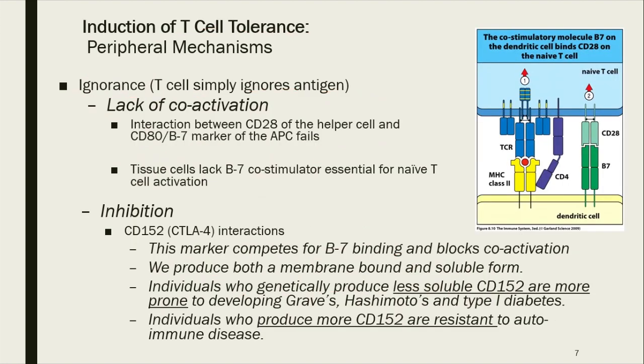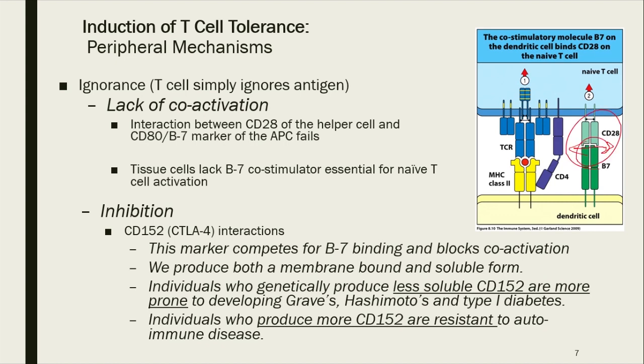Alright, the third mechanism to induce ignorance is lack of co-activation. Basically, you are not having co-stimulation, so you are crippling certain responses. Remember the interactions between the helper T cells need CD28 and B7, as indicated in this picture here.